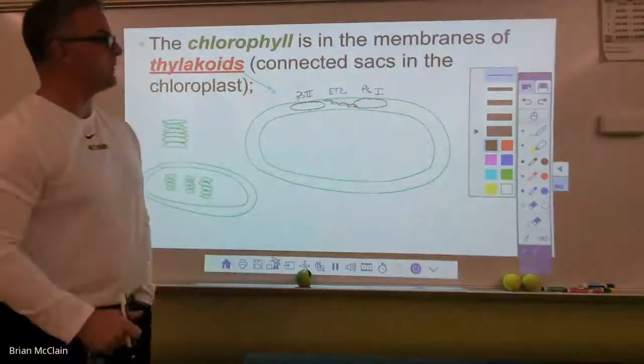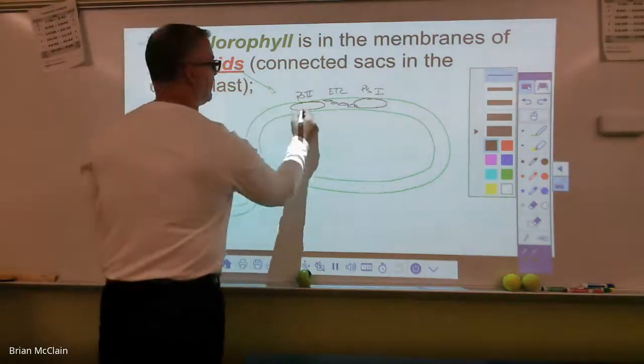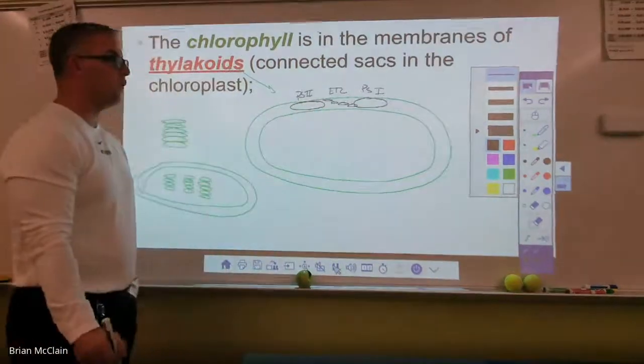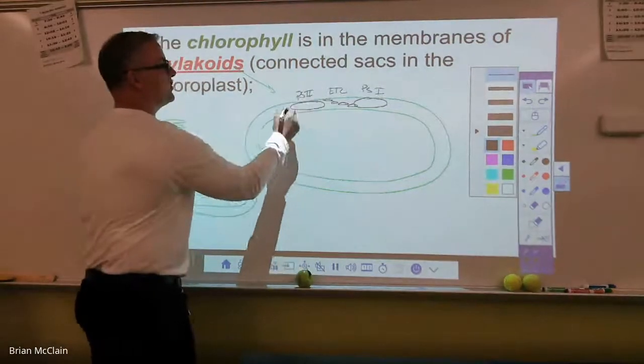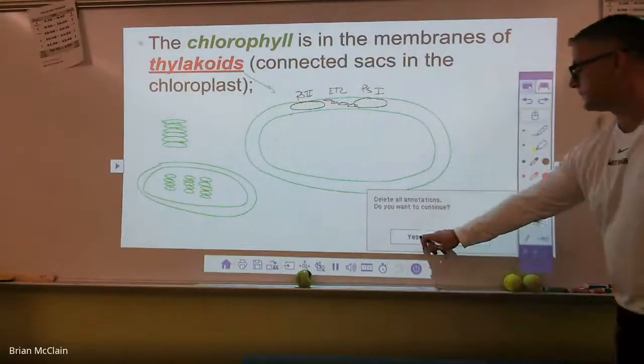It's going to be in the structure of that thylakoid. And what we're going to do is use the pigments, which are going to be found inside these photosystems, both photosystem 2 and 1, and we're going to be able to use the radiant energy, the solar energy, to drive energy production inside that chloroplast.